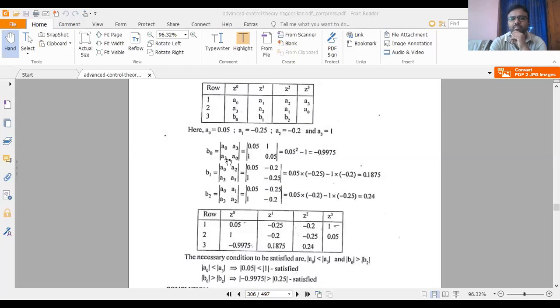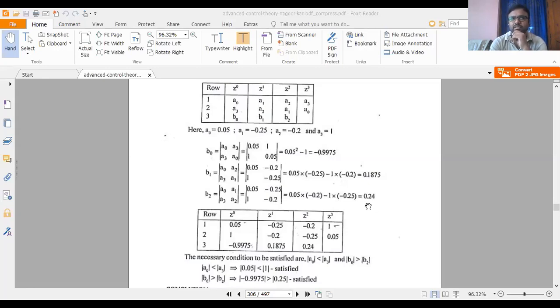In order to obtain the b0 value, we take the determinant with modulus of a0, a3, a3 and a0. We get that value as 0.9975. The b1 value, from a0, a2, a3 and a1, we get as 0.1875, and the b2 value as 0.2.